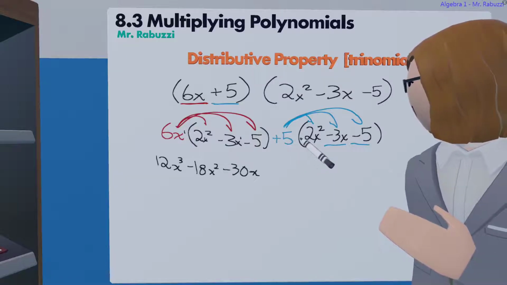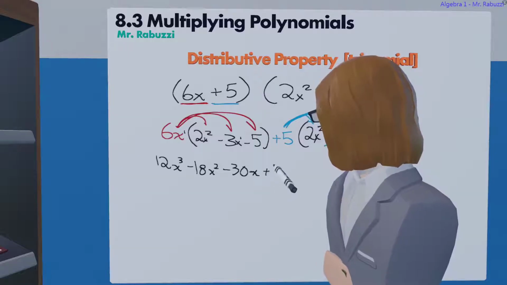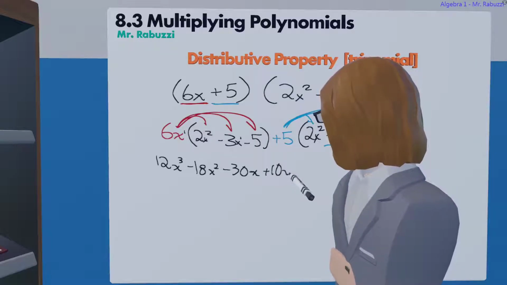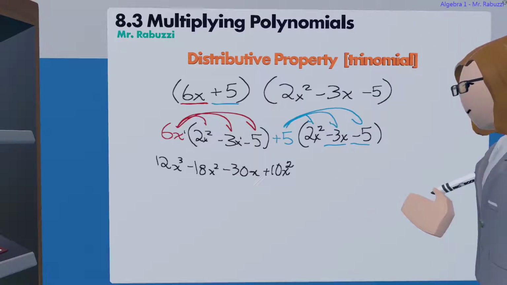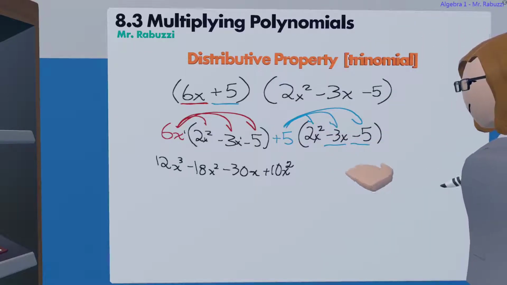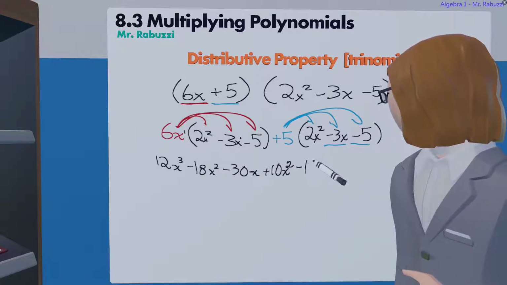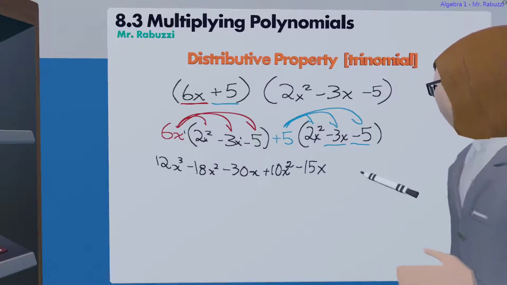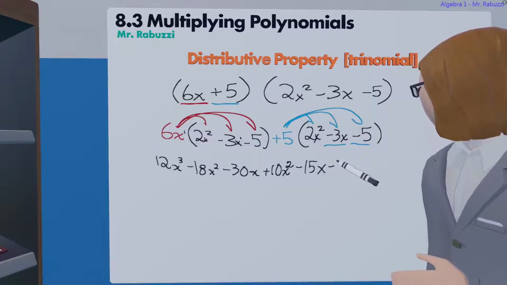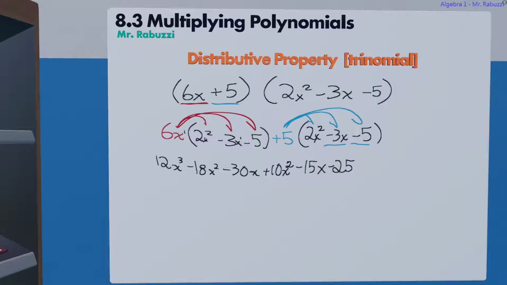Well, 5 times 2, it's positive, so it's going to be plus 10x squared. Okay. 5 times negative 3x. Well, that's going to be negative 15x. 5 times negative 5, it's going to be negative 25. Okay.